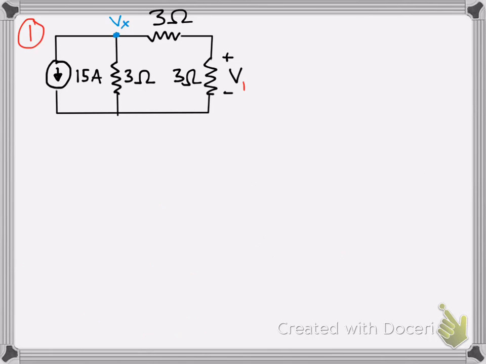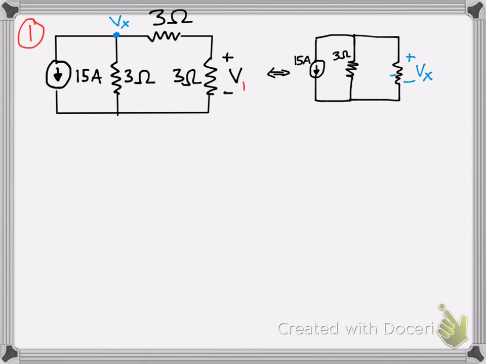So let's look at each of the 3 circuits. Here's the first one. It's a simple current source and resistors in series and parallel, so let's reduce this down a little bit. We can sum the 3 ohm resistors, since they're in series, we get 6 ohms, 3 plus 3 is 6 on the right there.